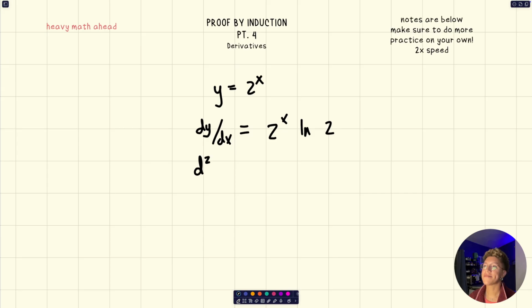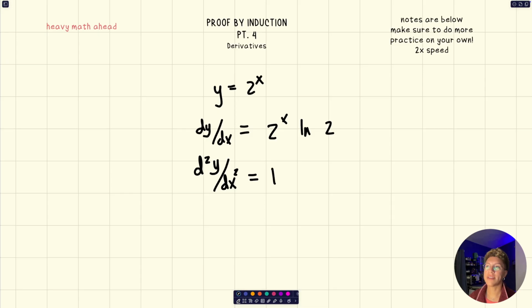We'll take the second derivative written like this. And if we do that, we have to do the derivative of this 2 to the x part. ln 2 is just a constant. It's just a number. So think of it as being like a 4. When we take a derivative of a constant, it just stays there.